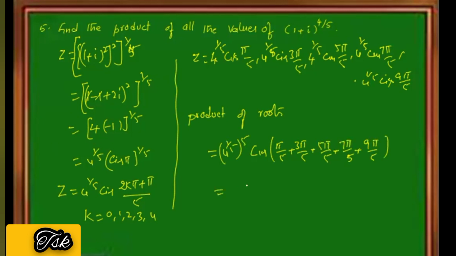So this becomes 4 into cis of (1 plus 3 plus 5 plus 7 plus 9), which is 25, 25 pi by 5, which is 5 pi. 5 pi is nothing but pi. So this is 4 into cis pi, which is minus 1. An odd multiple of pi gives cis pi, and an even multiple of pi gives cis 0. So this can be written as minus 4. So minus 4 is the answer.